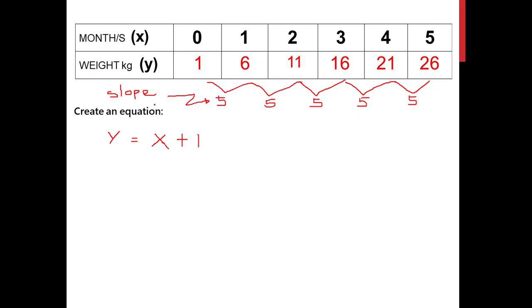Now, based on our previous lessons on linear functions, we have the equation y is equal to mx plus b, right? Wherein m, the numerical coefficient of our variable, is the slope, and b will be the y-intercept.